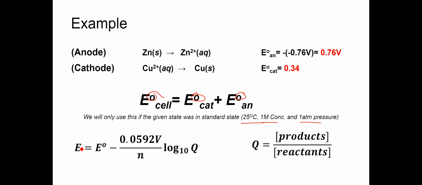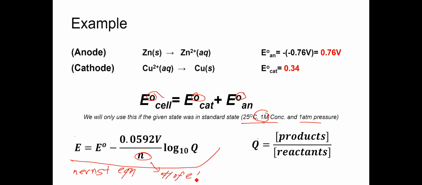So, we will use this equation. This is called the Nernst equation. We use this if we have given a concentration. So, may concentration yung products and reactants natin. Kapag meron kayong given concentration, we will use this formula. Yung N is just the number of involved electrons. Mamaya papakita natin kung paano natin nakukuha yun kasi magbabalance tayo.